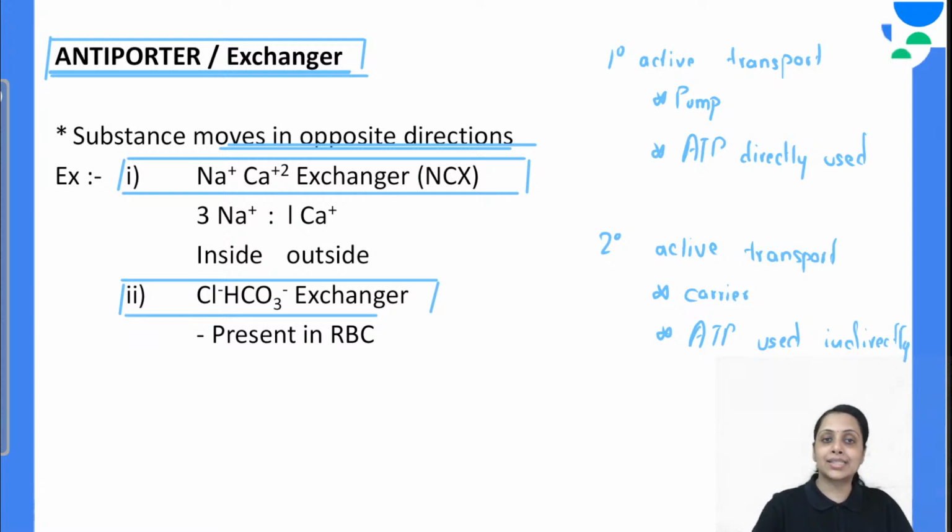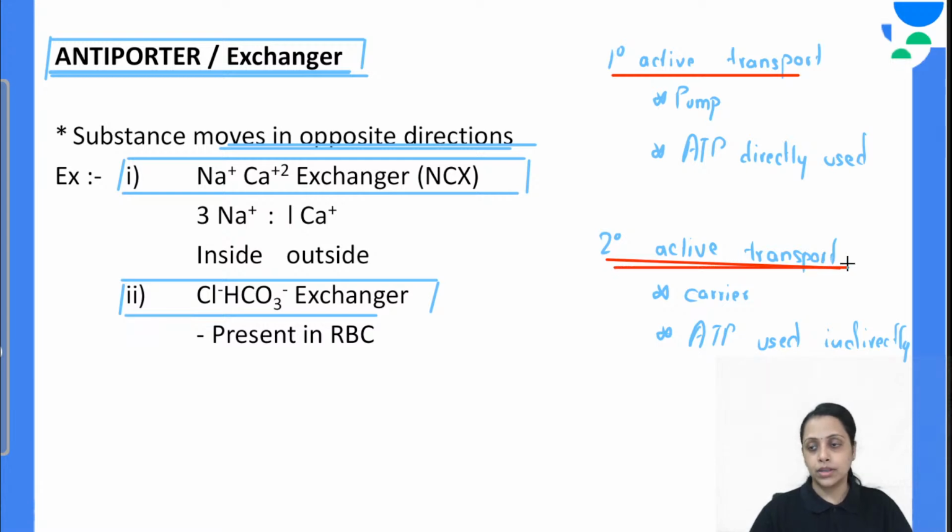This is the basic difference between the primary active transport and the secondary active transport.